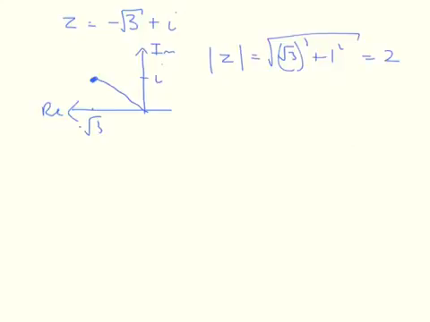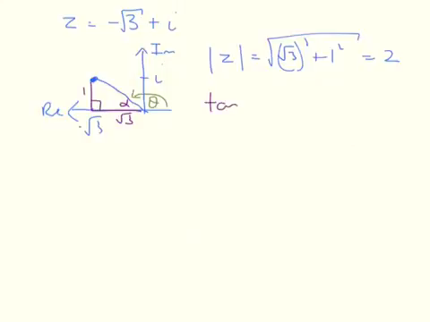Now, thing to be careful of here, the angle that I want is theta, which is made with the positive x-axis. But if I draw my triangle in here, the angle I've got is something different. But I'm still going to work with that angle.